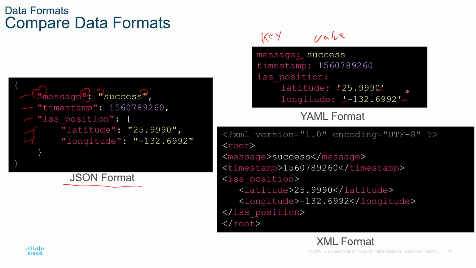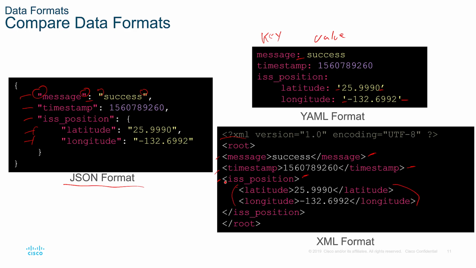If we're doing XML or HTML, it's going to have a more specific set of coding. We'll have things like a header XML version. We will have very specific message blocks, our timestamp blocks, our position blocks, and then our sub values down here.